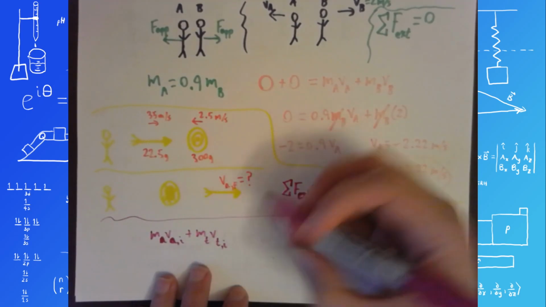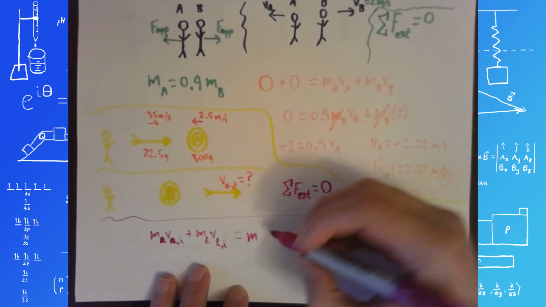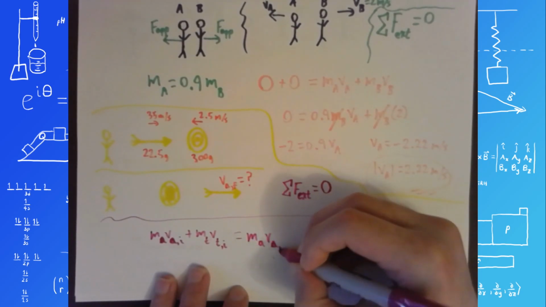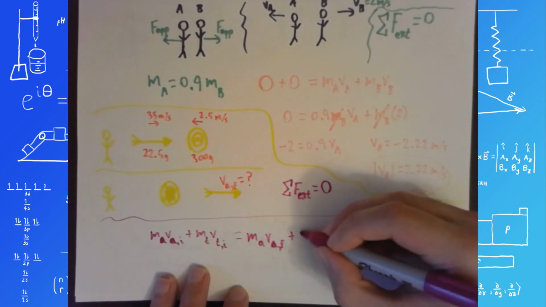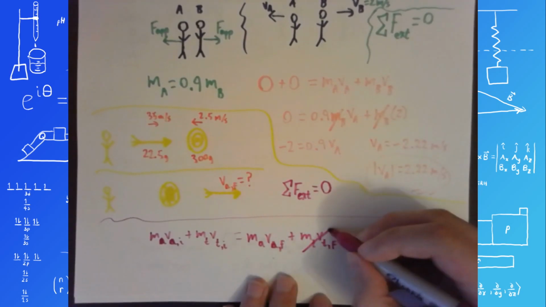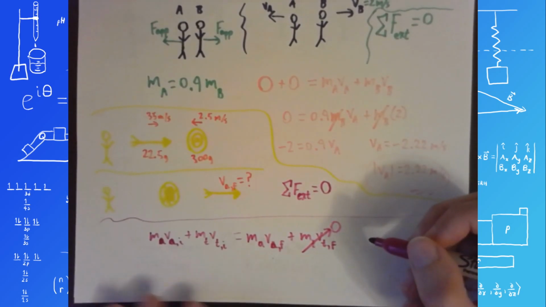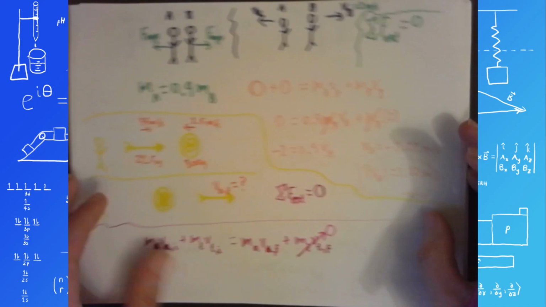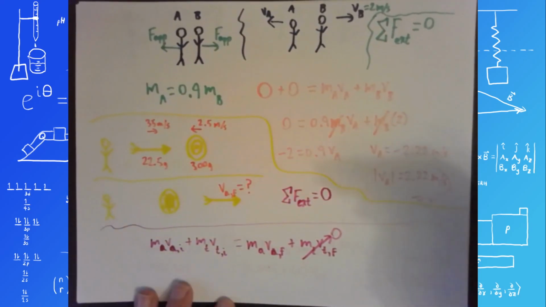Plus mass target v target initial equals mass arrow v arrow final plus mass target v target final. Well, we know this is 0. The target comes to rest. And yeah, we can just fill in the rest with the numbers we already have.